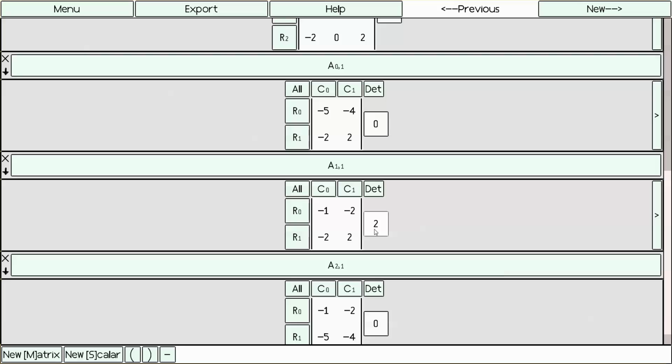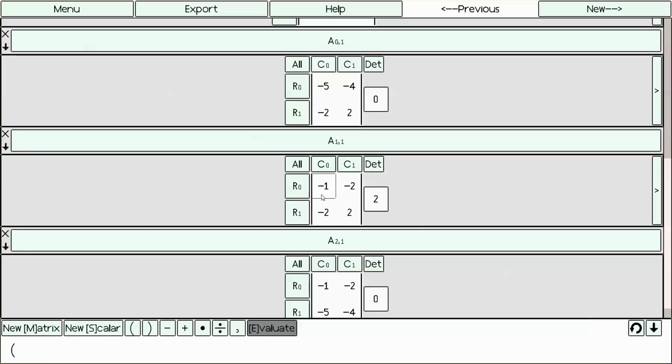For this we can use the rule for 2 by 2 matrices, whereby we multiply the two numbers of the left diagonal, -1 times 2, subtracted by the numbers of the other diagonal, -2, -2.